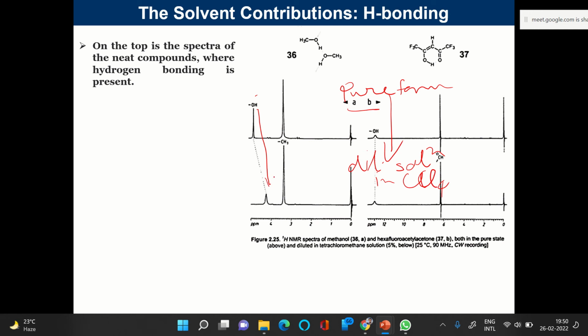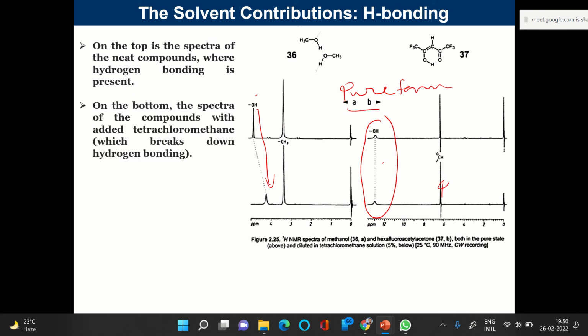The change you saw here, in this other case there was no change. So this is the point to be noted: intermolecular versus intramolecular hydrogen bonding, and how the NMR spectrum is affected with change of solvent. Okay.